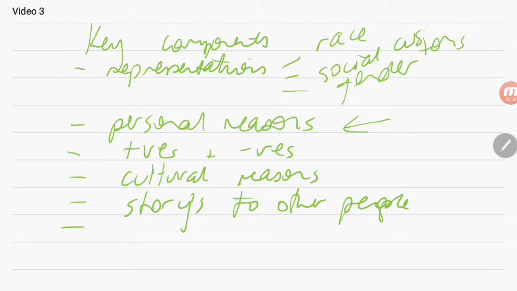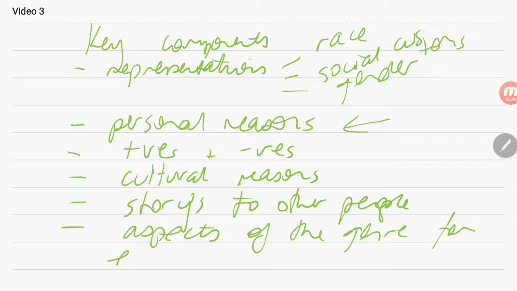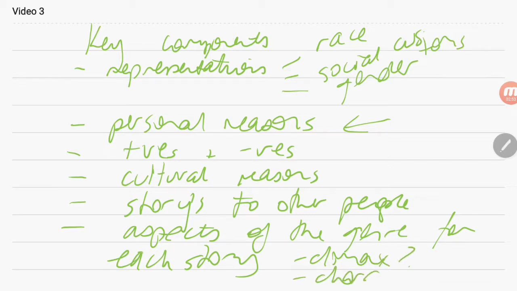Another aspect to all this is what aspects of the genre for each short story is so compelling or ordinary. Is there an exciting climax? Characters? Characters really are very important in fiction. What about sharp dialogue? Evocative descriptions of scenery?